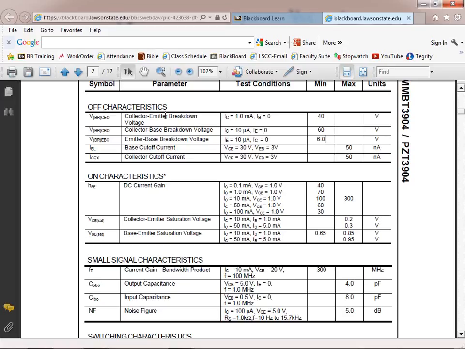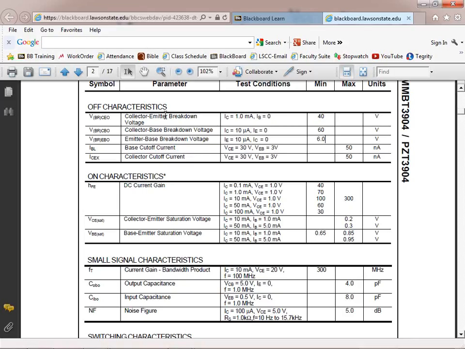It can be anywhere from 30 to 300. Which beta is guaranteed? The 30 or the 300? The 30 is guaranteed, right?